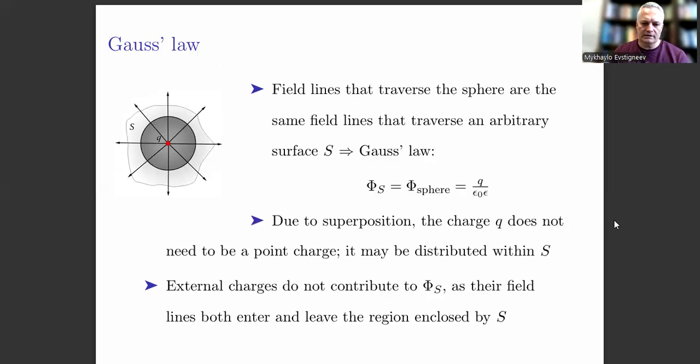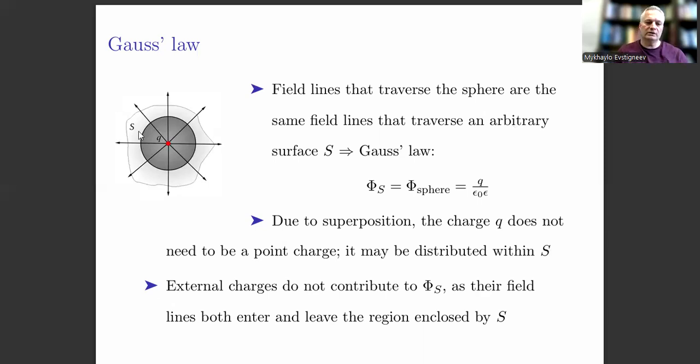And this is Gauss's law for a particular case when the charge is a point charge and the Gaussian surface is a spherical surface. But what if your surface is not spherical? Well, the result will be the same. The flux through any surface around the point charge Q is the same as the flux through a spherical surface, which is independent of the radius of the sphere, Q divided by epsilon naught epsilon. And the reason is very simple. The flux is proportional to the number of electric field lines through a closed surface.